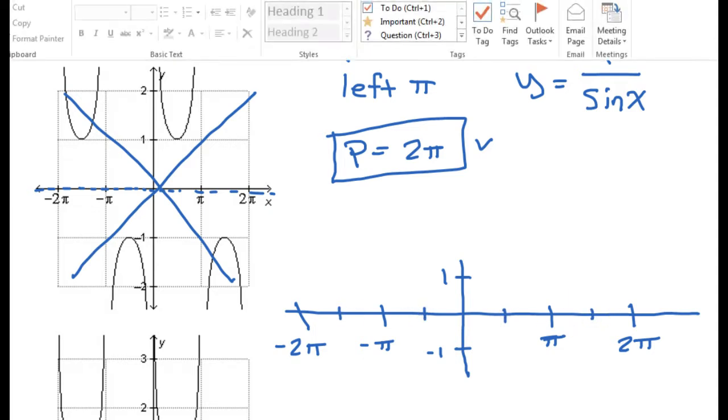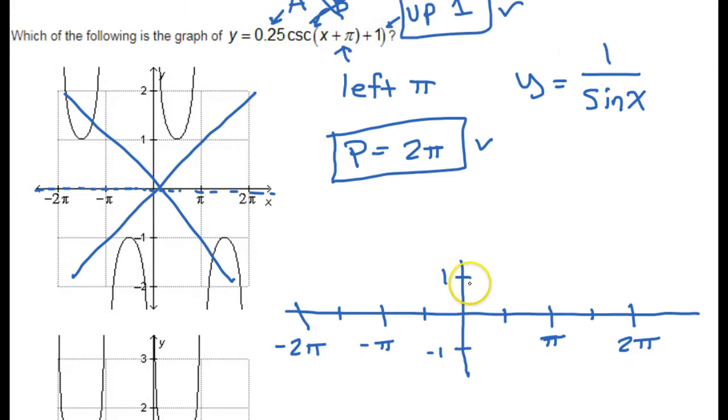So the sine function looks like this. The sine function unshifted starts at 0, and it goes up, and it comes down, and it falls, and it comes back. So this is what the sine function is going to look like. I'm going to just repeat that for one additional period.